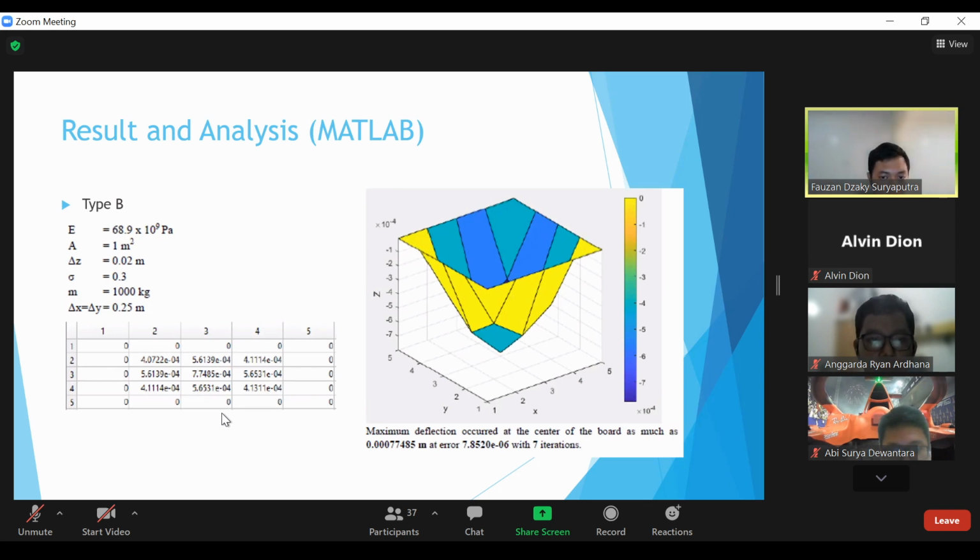Same as the type A, the left side table is the matrix of the deflection, and the right side is the plot. Here the maximum deflection is at 0.00077485 meter, coming from 7 iterations.